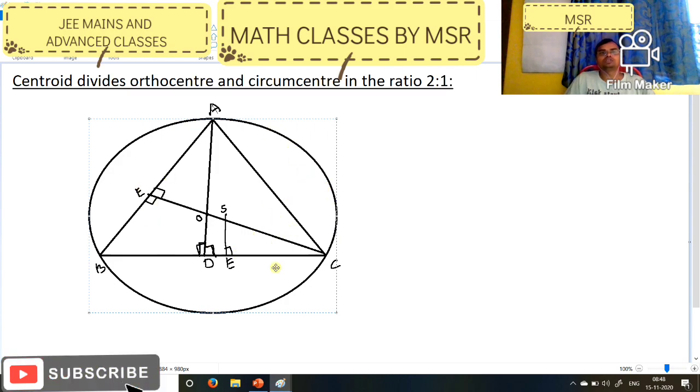Hence we can call this the circumcircle for ABC. The center of this circumcircle is nothing but our circumcenter. The radius of the circumcircle is the distance from a vertex to the circumcenter. AS is one radius, BS is a radius, CS is also a radius. So the circumcenter is equidistant from the vertices of the triangle.